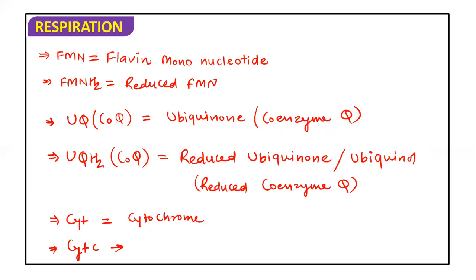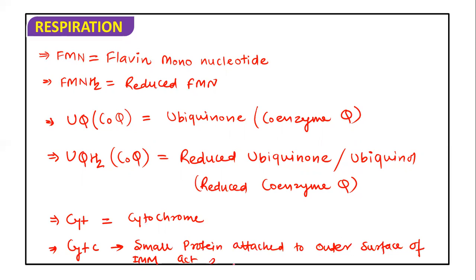So we can write that this cytochrome C is a small protein attached to the outer surface of the inner mitochondrial membrane, and it acts as a mobile electron carrier.